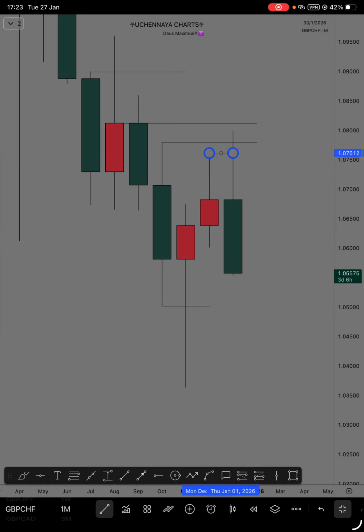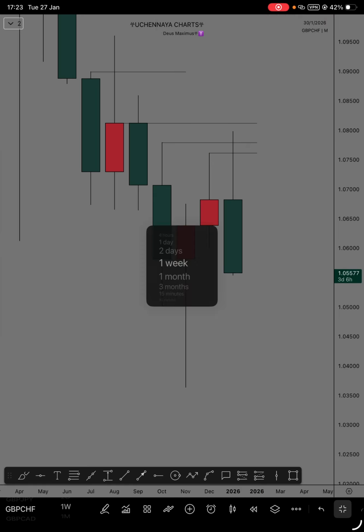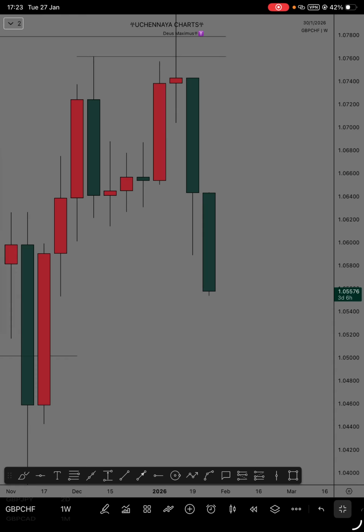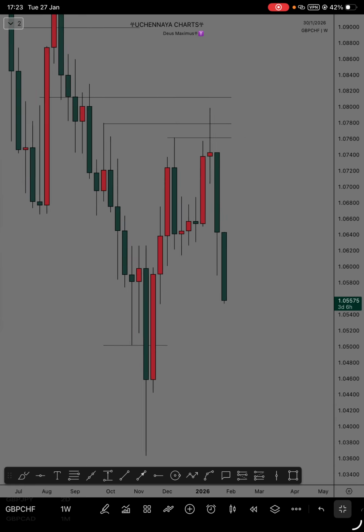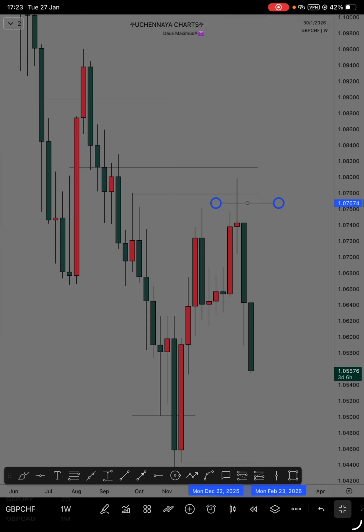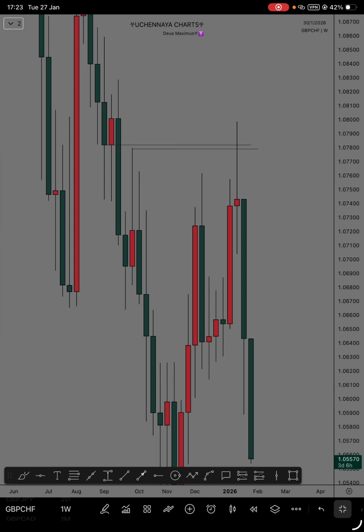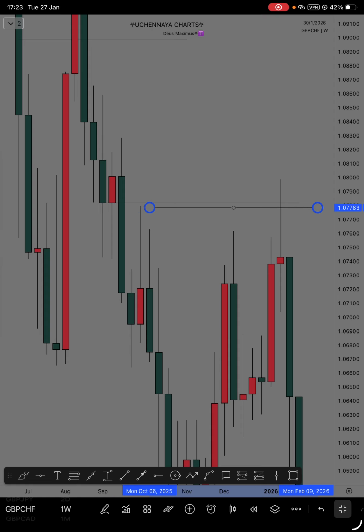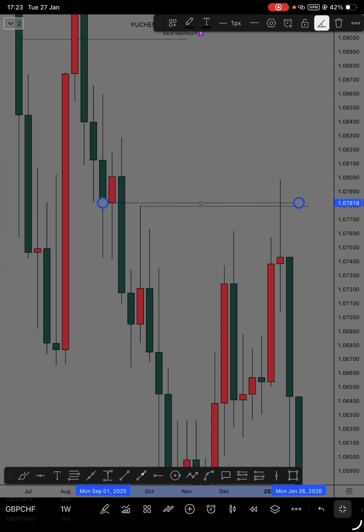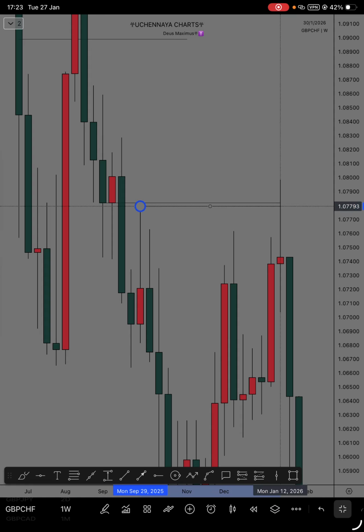Okay, so here this was also the structure. When you go to the weekly time frame, on the weekly, you can see that we had price rejecting from this very weekly structure. Okay, and with this as our inducement into that level, we saw this very rejection from here.